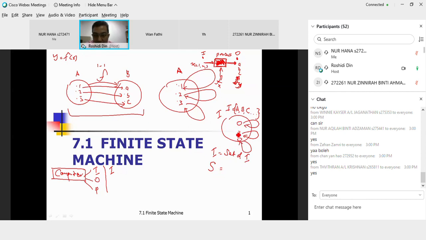So the total of 0, 1, 0 can be represented by Sn. It may be 0 or 1. Here there are three inputs, 0, 1, 0, represented by 0 and 1. So we put them as one set.